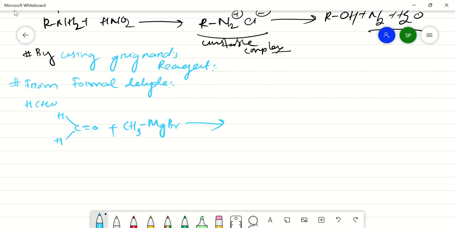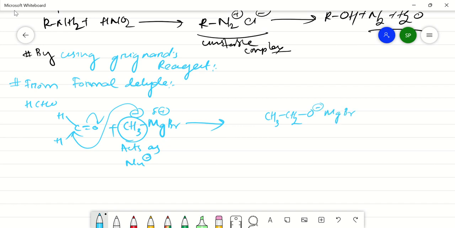In the Grignard reagent, the alkyl group which is attached to the metal acquires partial negative charge and the metal acquires partial positive charge. So this alkyl group acts as a nucleophile. So this will attack the carbonyl carbon, and there will be formation of CH3CH2O-MgBr.